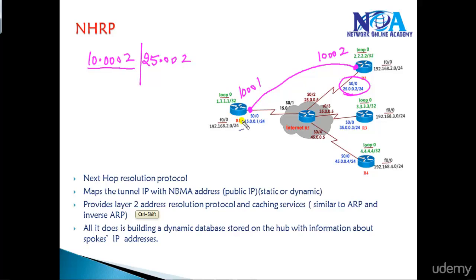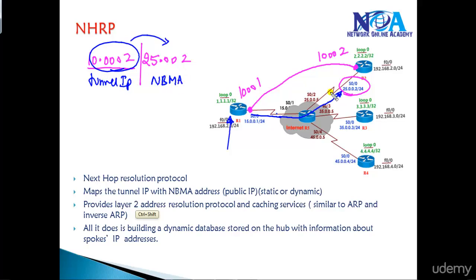Now if router 1 wants to communicate with 10.0.0.2, that is the next hop IP address, this router is going to send it to 25.0.0.2 because NHRP maintains that mapping information of your tunnel IP address to NBMA address.